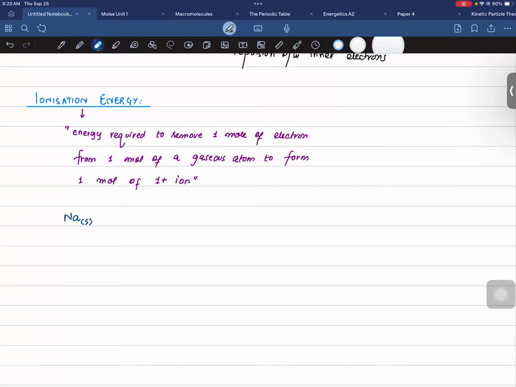Remember, this is a conceptual thing. You must first convert the solid sodium into sodium gas. Then you can remove 1 electron from the outer shell of a gaseous sodium atom to form the Na+ ion in the gaseous state.